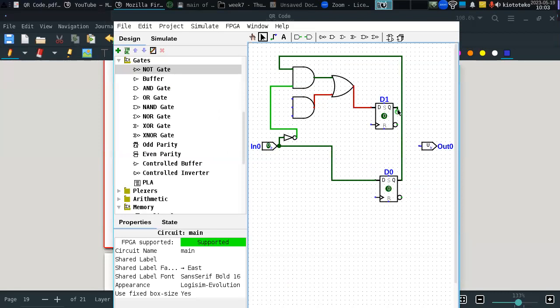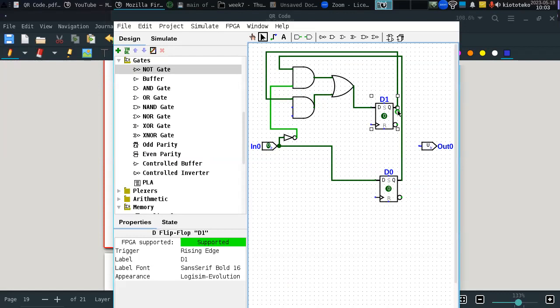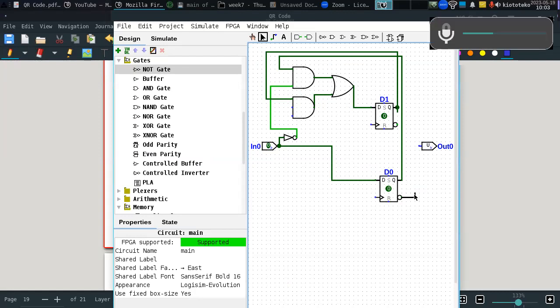Q1. Not Q0, but because the flip-flop already provides a negated state, you can use this one. It's just a matter of connecting it.